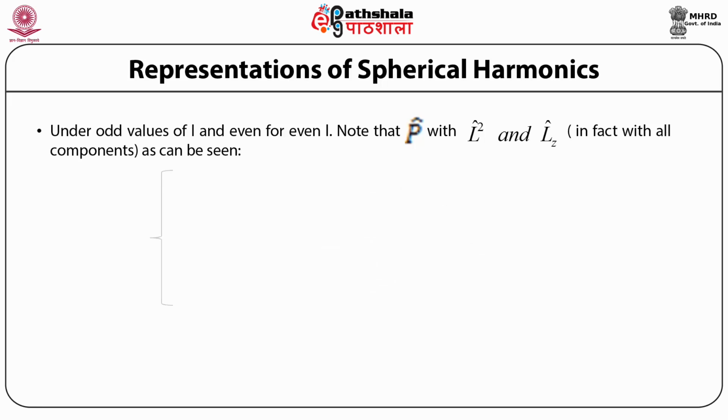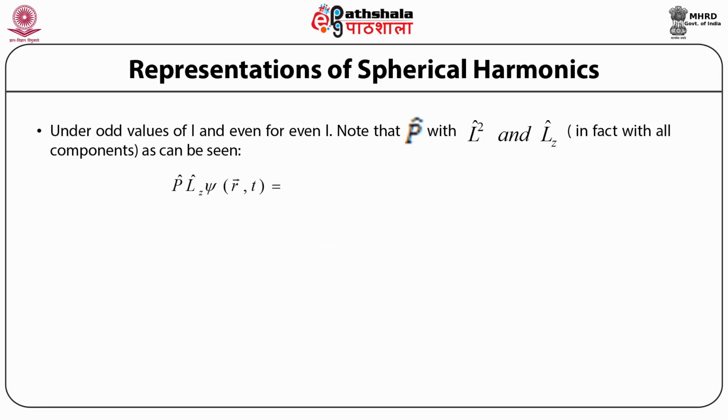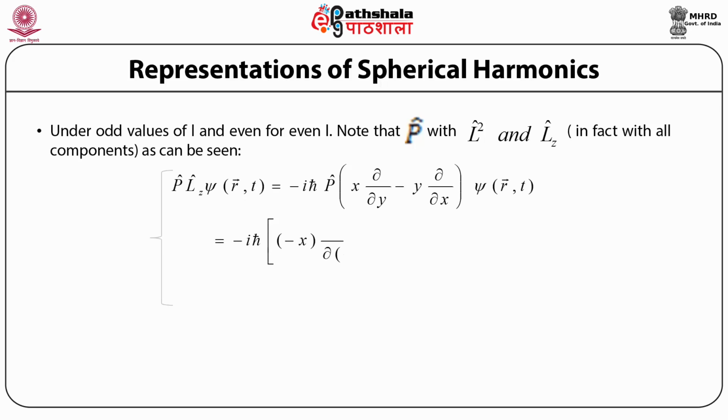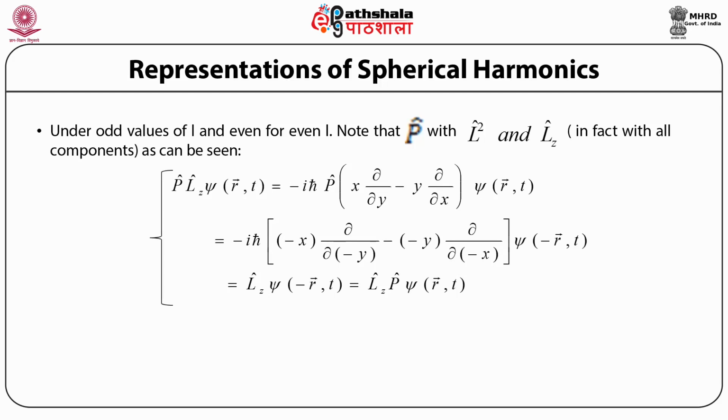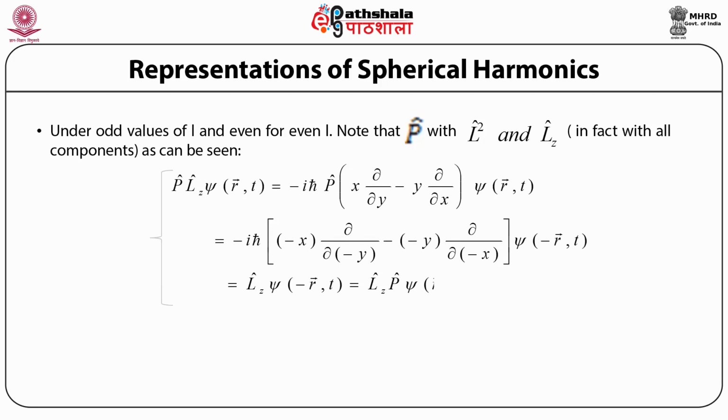This turns out to be equal to operator Lz acting on the wave function psi(minus r, t), which is equal to operator Lz acting on operator P acting on the wave function psi(r, t), where operator P is the parity operator and operator Lz is the z component of the orbital angular momentum operator.